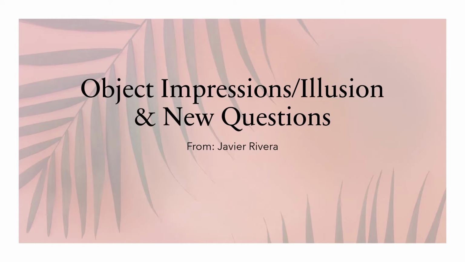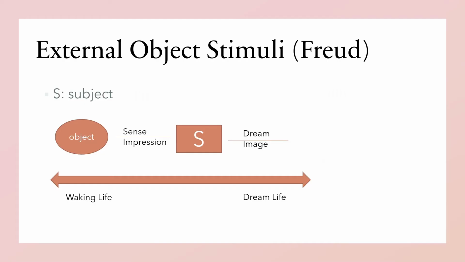But I don't think Freud's going to go too deep into external object stimuli, which is why I'm going to talk about it now. Because I can tell already he's concerned about psychic sources for explanation of dreams.